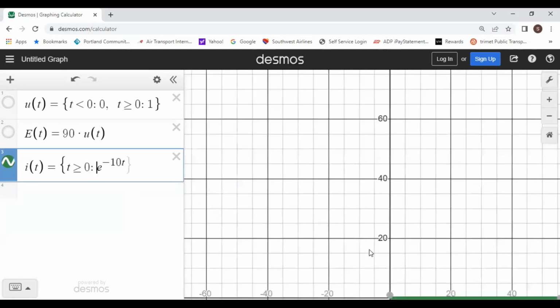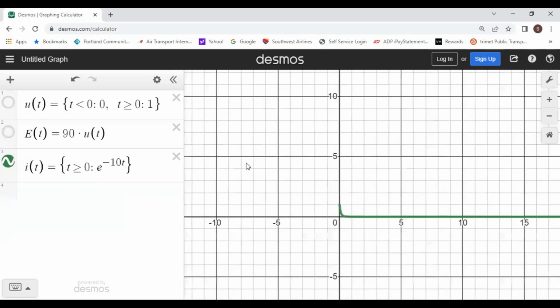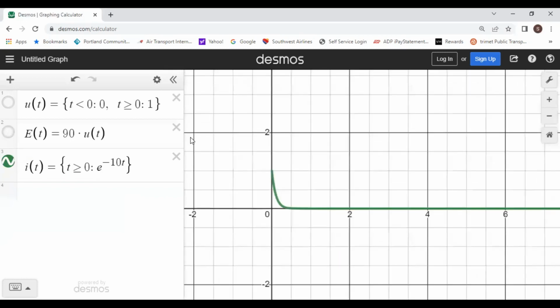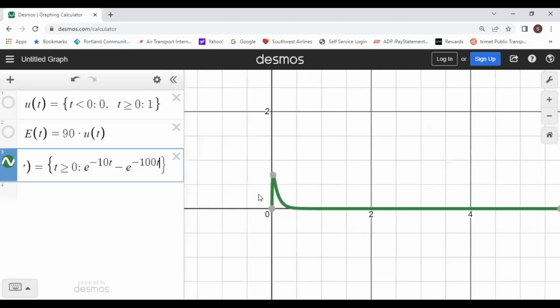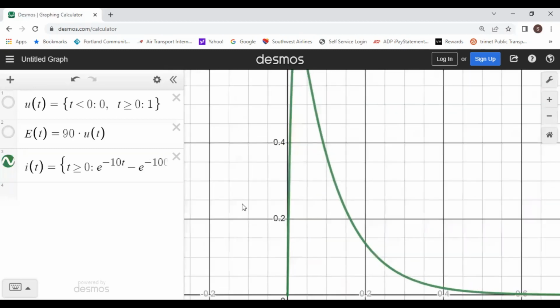Because otherwise we get distracted by all the ones that are on the negative side of things, and those ones are not in fact actually applicable here. So we have this minus e to the negative 100t. And then we'll zoom in a bit on that and see exactly what we've got going on here.